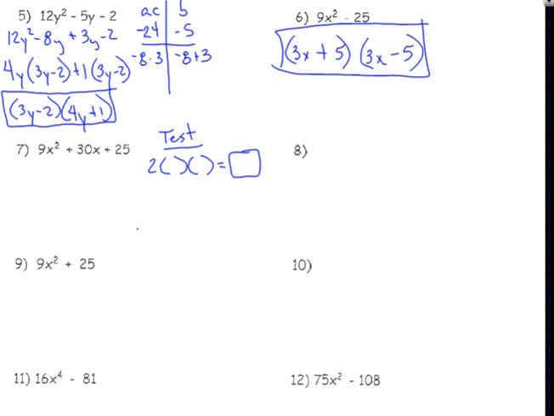Square root of 9x squared, 3x. Square root of 25 is 5. Those have to come out to 30x. 2 times 3 times 5 is 30 with an x. 30x equals 30x. So I put a parentheses with a square on it, 3x in the front, positive 5 in the back, plus sign between them.